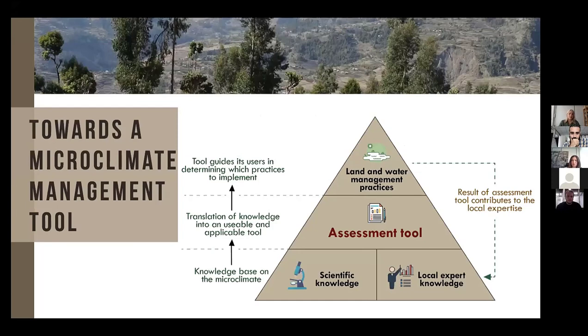In order to guide people in selecting the right practices, we think that an assessment tool can be very useful.